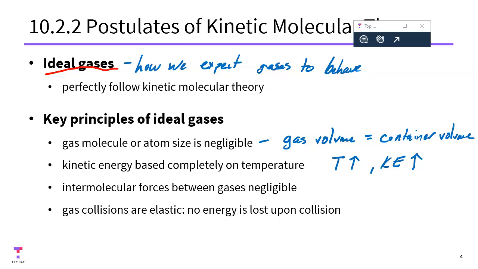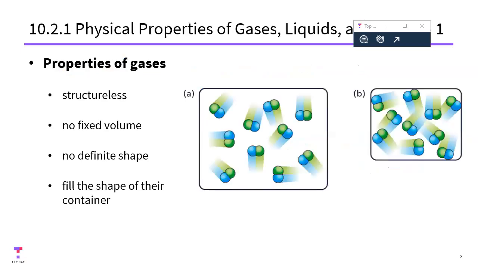Also related to something that we saw last week, the idea of intermolecular forces. We can consider the intermolecular forces of gases to be negligible. Now, what does that mean? Well, spacing. One of the key features of intermolecular forces is that those molecules had to be close enough to each other to attract each other, right?